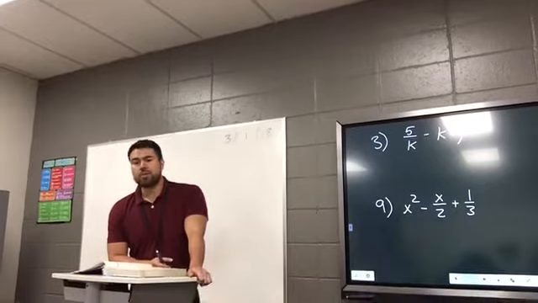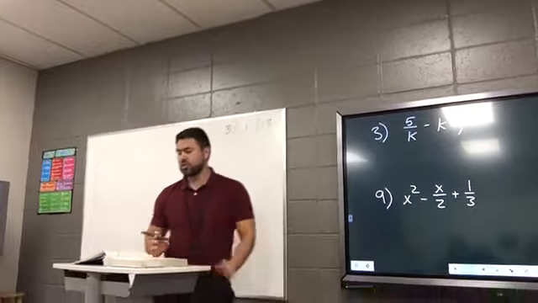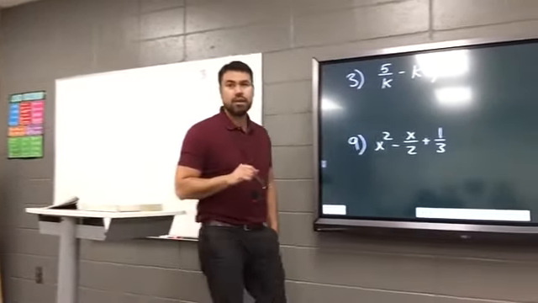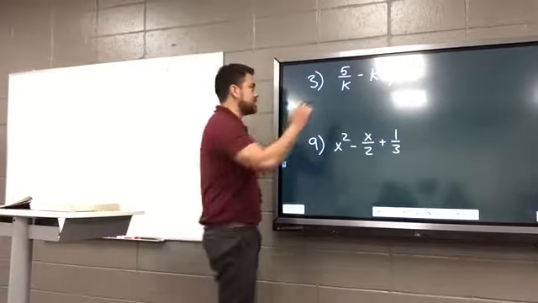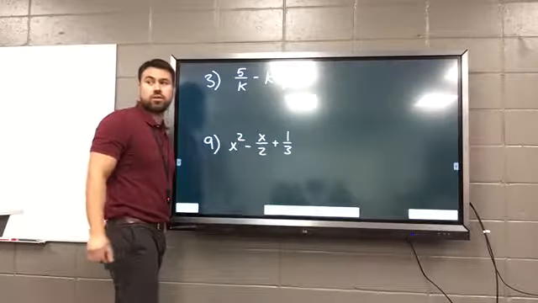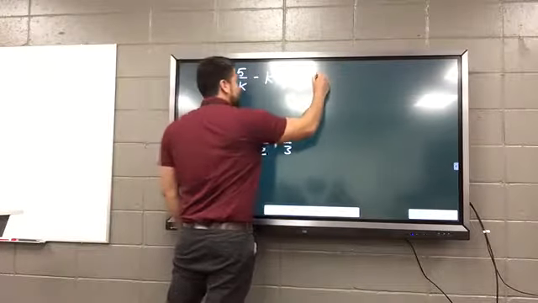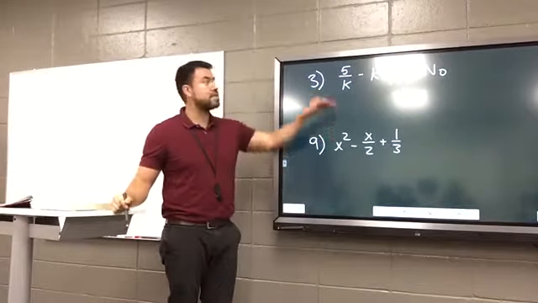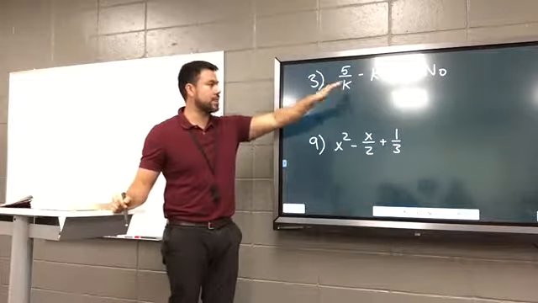All right, I'm going to go in the order that they gave in their instructions. So it says first, state whether each expression is a polynomial. So, Matt, is number 3 a polynomial? Yes or no? No. Why not? Good. It has a variable in the denominator right there. It's not a polynomial.